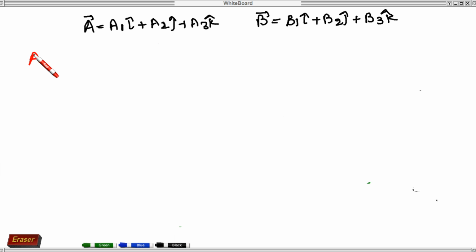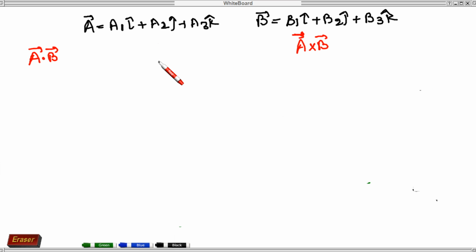I have to do A dot B and A cross B. There is one determinant rule also, but I will not be opting for that determinant rule; instead, I will be doing it simply.